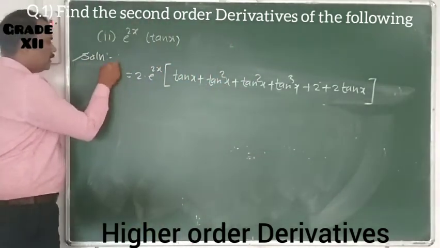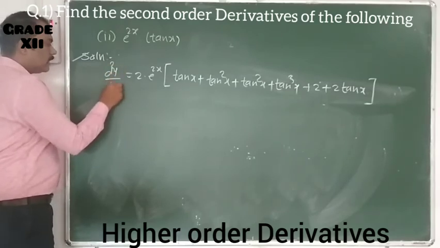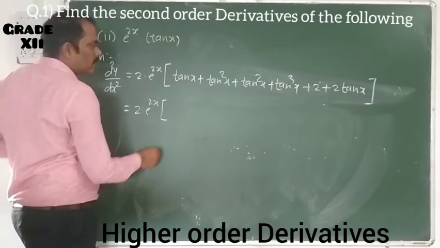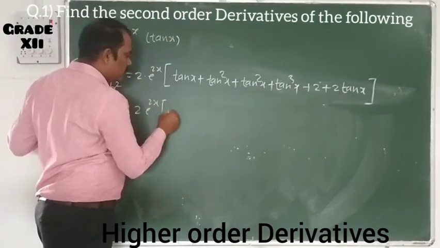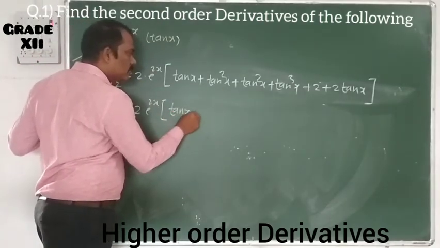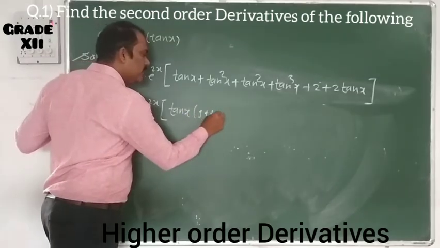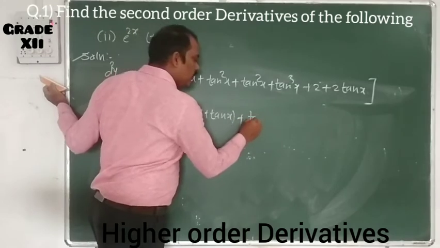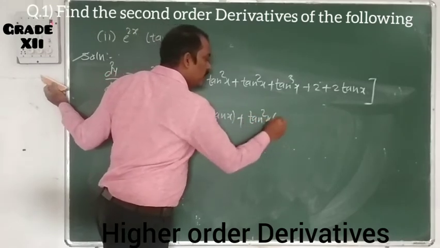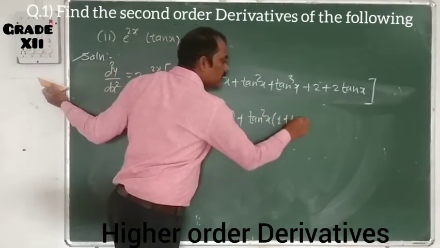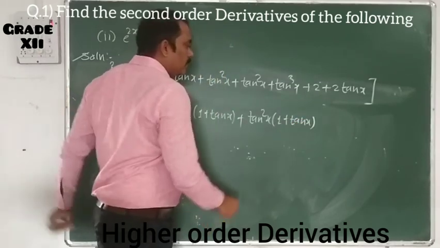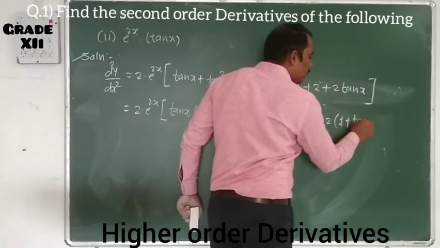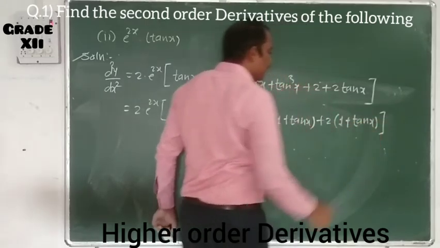So this is nothing but d2y by dx square, that is 2 times e raised to 2x into bracket. Here we take tan x common, so 1 plus tan x remains, plus here we take tan square common, so remaining only 1 plus tan x, plus here we take 2 common, remaining only 1 plus tan x.